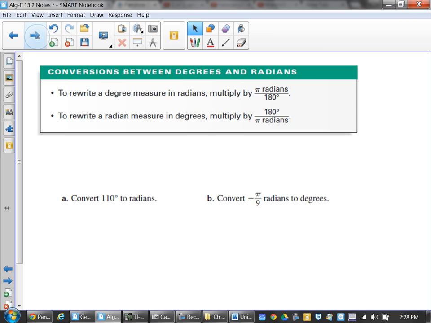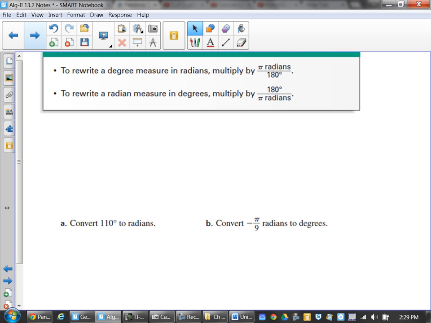Let me show you how you convert, and we're going to come back to our diagram here. To convert between radians and degrees, you have to do something very simple. You take a degree measure. Let's say I have 110 degrees and I want to turn it into radians. I slap a pi next to it and divide by 180.